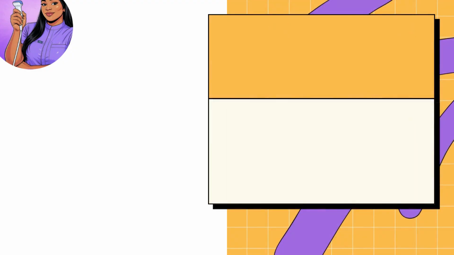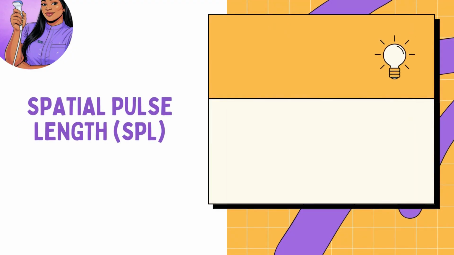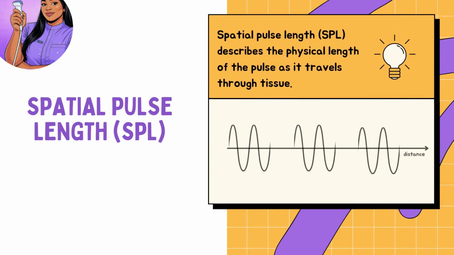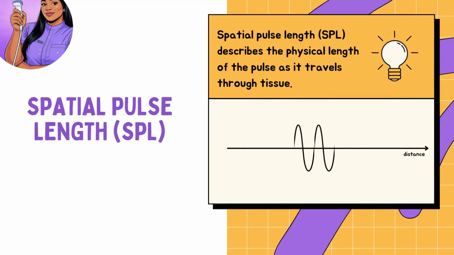This all ties back to something we've talked about before: spatial pulse length, or SPL. If you remember, SPL is just how long that sound pulse actually is from start to finish. It depends on two things: how many cycles are in that pulse and the wavelength of each cycle.